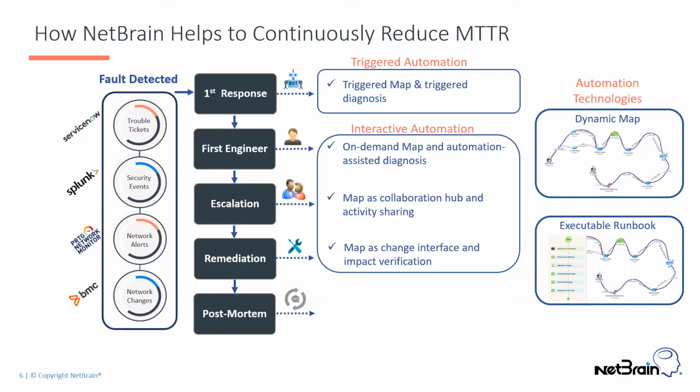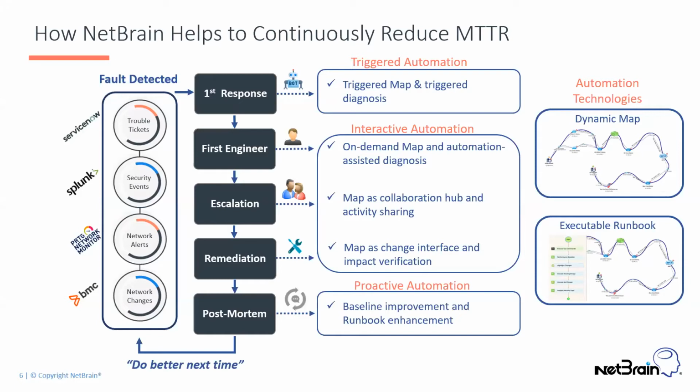And during remediation of the problem, NetBrain provides a template-driven change process that includes before and after snapshots of the environment and quick rollback should something go wrong. This reduces the risk and it facilitates quick verification after the change that the problem has indeed been resolved.